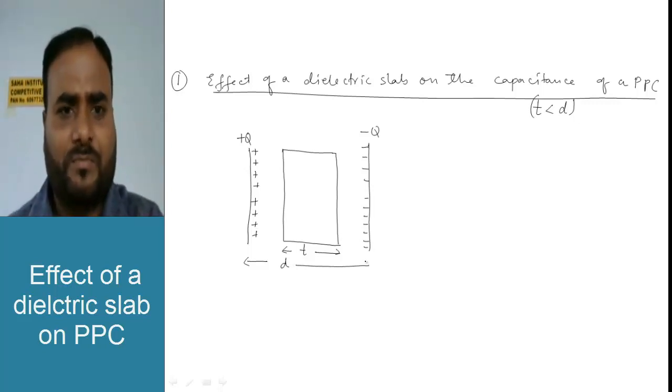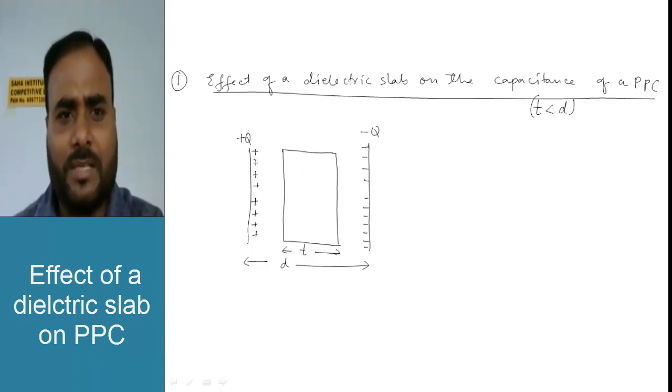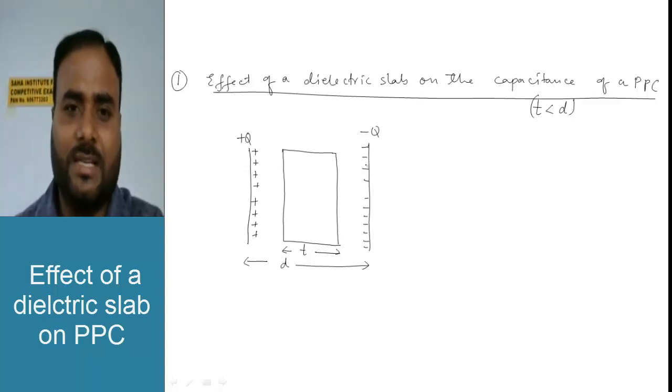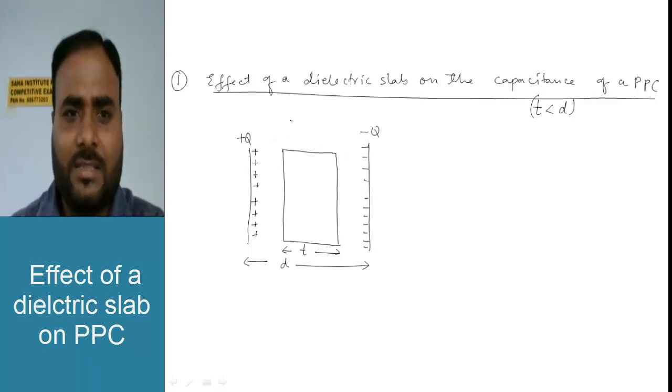Okay, now we know when the slab was not inserted, then also because of this plus q charge, this is high potential and that is low potential, so there is a potential difference, and hence one electric field is set up inside the parallel plate capacitor.